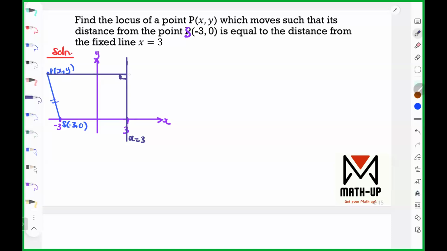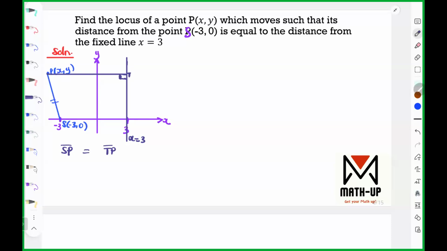I can call this point where the perpendicular has been dropped point T. This is our line, X is equal to 3. So the condition for that locus is that the distance SP is equal to the perpendicular distance TP. That's the condition you're working with.